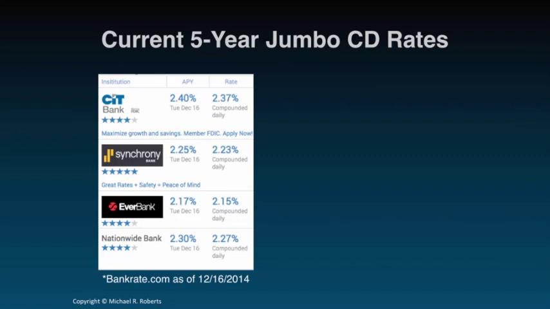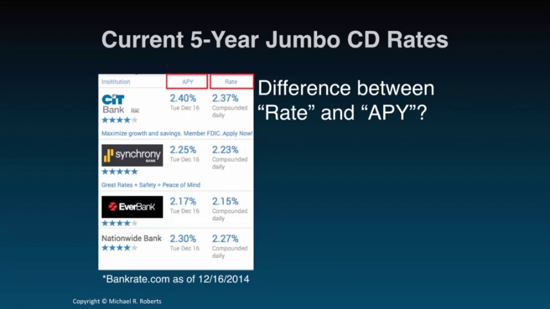And one of the things you notice when looking at these rates, when you're looking at these savings vehicles, is that each one has two different rates. It has a rate and an APY, and these numbers, 2.37, 2.4, they're different. So that begs the question is, why are they different? How are they related? And most importantly, which one is going to tell me how much money I'm going to make when I invest in this product?